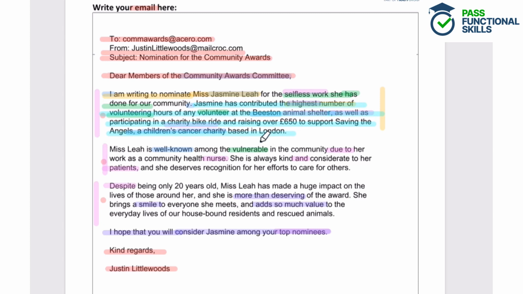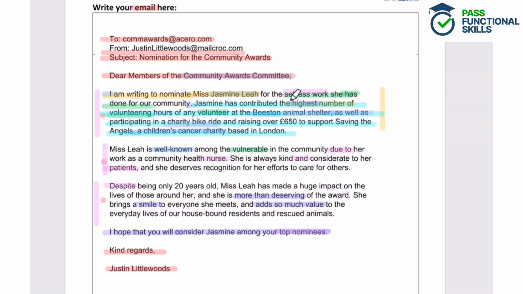So this is quite a long sentence, and it's been broken up with commas and connective words like as well as, and we've got various things that are being communicated within this sentence.